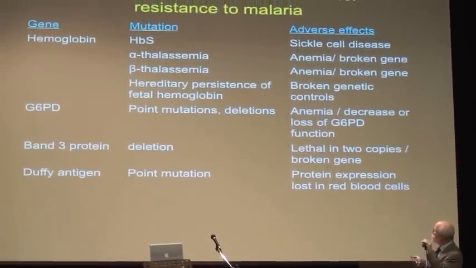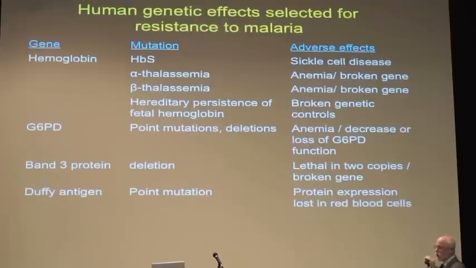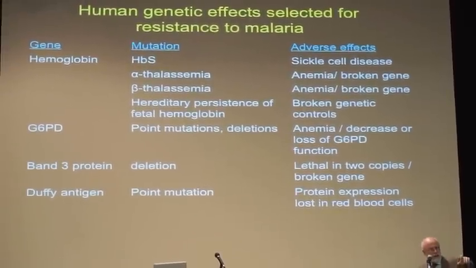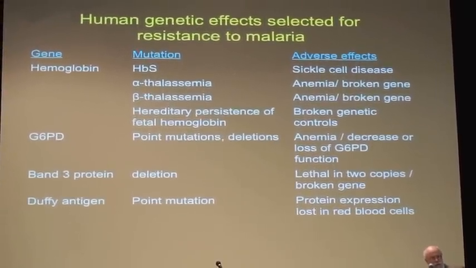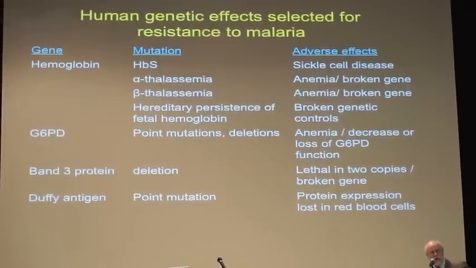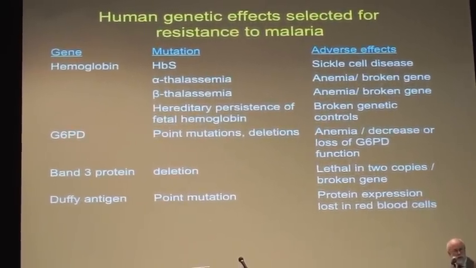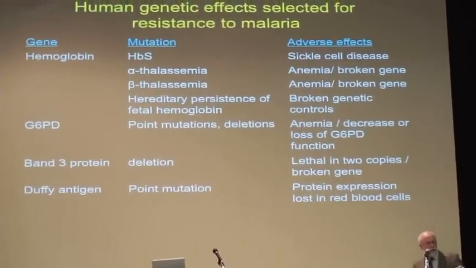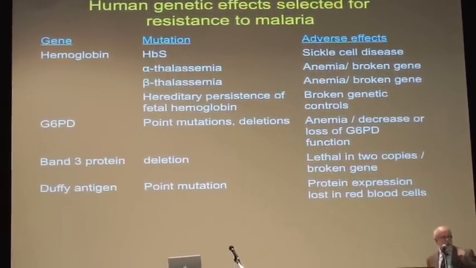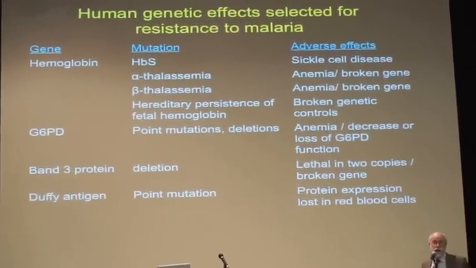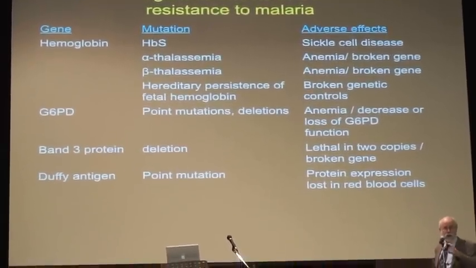Something called hereditary persistence of fetal hemoglobin: there are genes that turn off the kind of hemoglobin that a person has before birth. But in this mutation, those control regions are broken. And so the fetal hemoglobin is expressed into adulthood. And that seems to help with malaria.